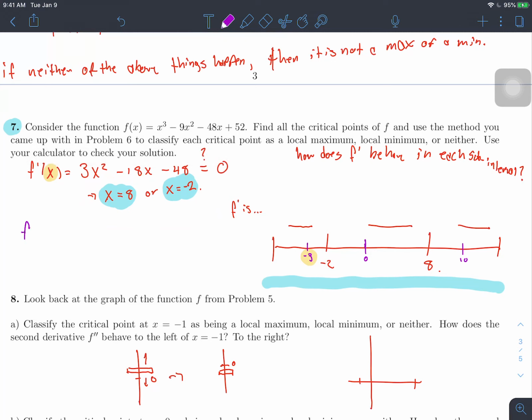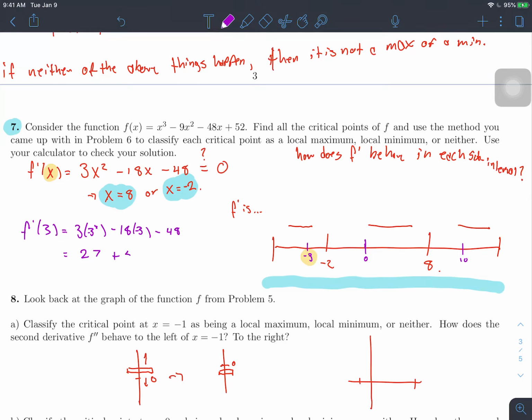Okay, so f prime of 3 is equal to 3 times 3 squared minus 18 times 3 minus 48. So that's equal to, let's see, 27. Oh, sorry, this should have been -3. 27 plus, let's see, 8 times 3, that's 24, plus 30 is 54.